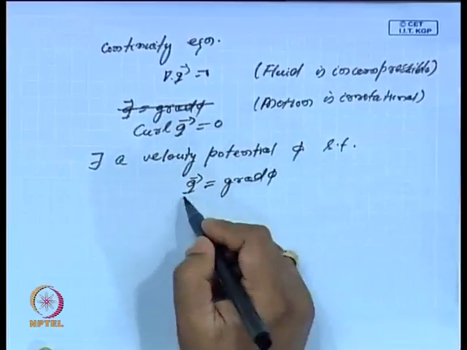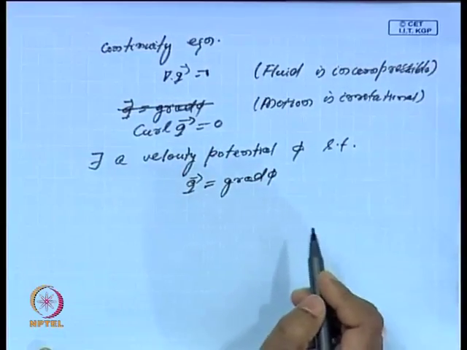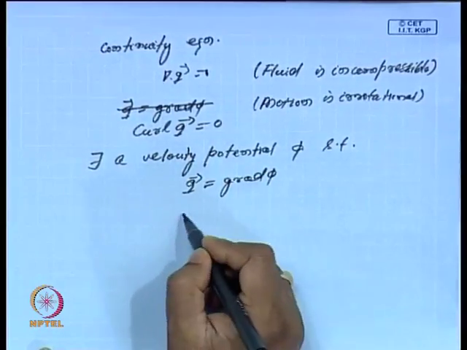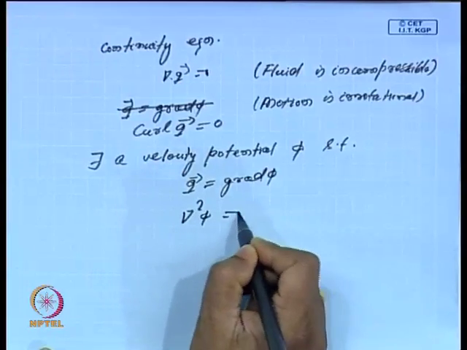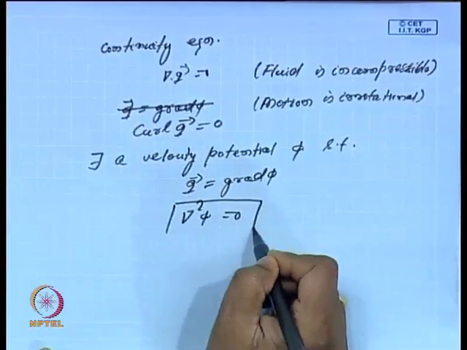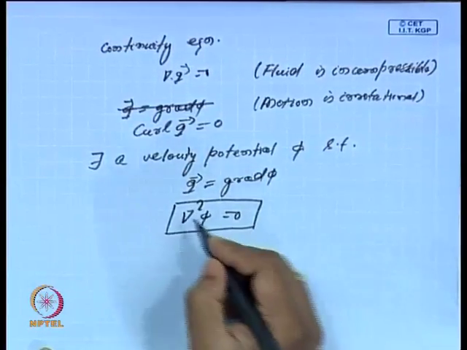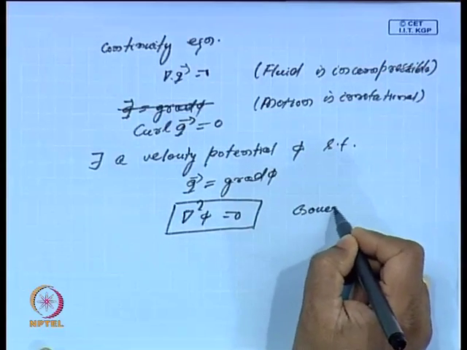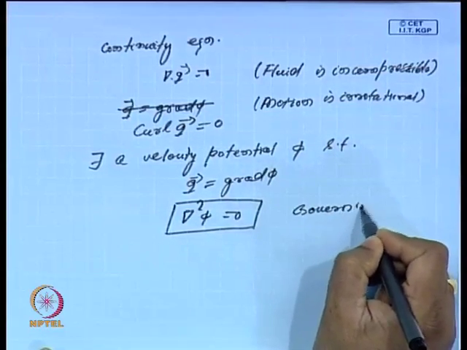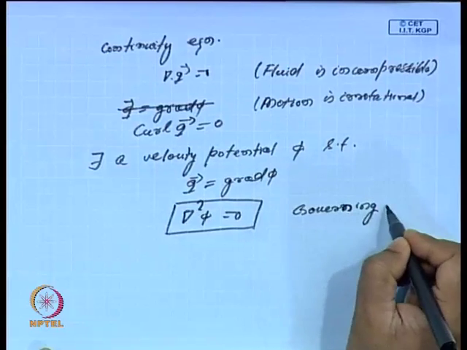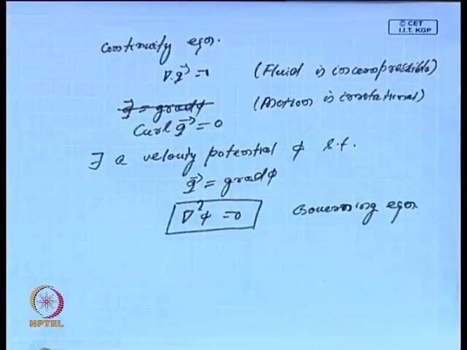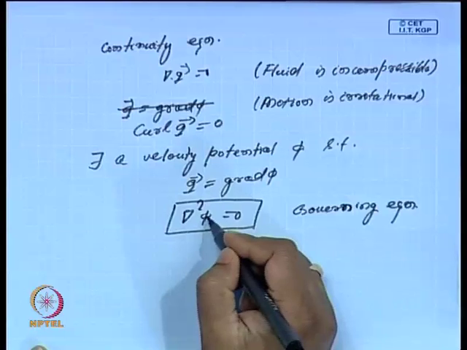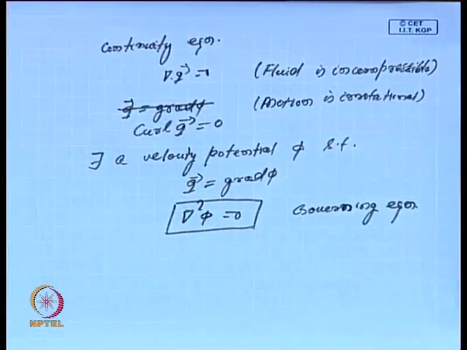If you substitute q bar equal to grad phi in the equation of continuity, it gives us del square phi equal to 0. So, we deal with a Laplace equation, as this becomes the governing equation. That means, in the fluid domain, for a large class of water problems, we assume the flow is irrotational.